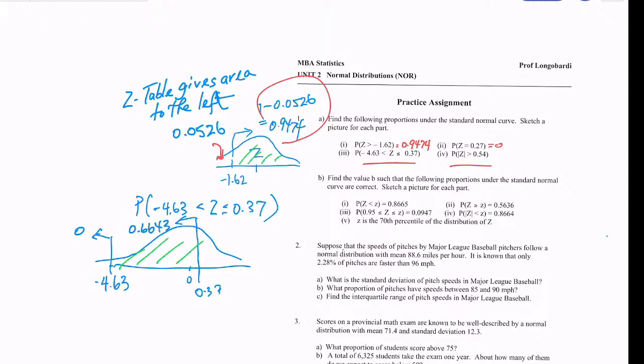Now to figure this out, I could subtract the larger value by the smaller, but because it's just 0, this gives me the answer. This area is all that's to the left. There's nothing substantial after 4.63 standard deviations below. So I'm done.